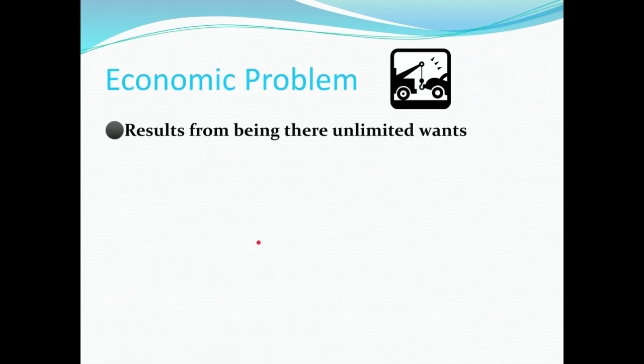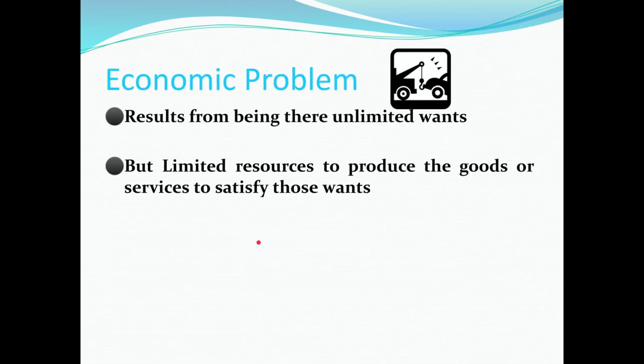Okay. Next, we talk about economic problem. So, why is there a problem? Why is it that there is economic problem? So, these are the key points. First, it results from people having unlimited wants. So, a lot of people have unlimited wants, like you and me.